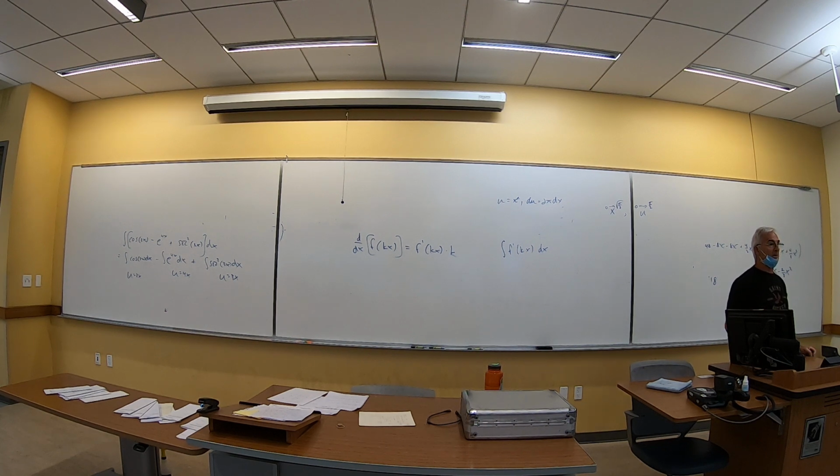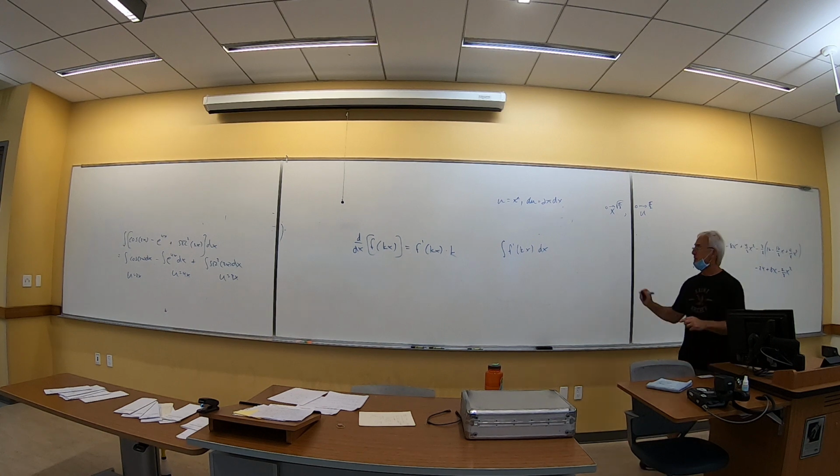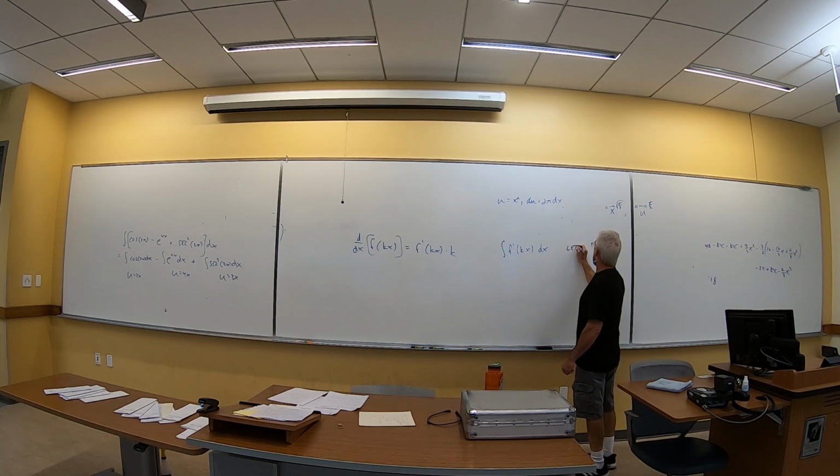So therefore, the antiderivative of f prime of scalar multiple of x is probably some version of f of kx. Do you agree? But it can't equal f of kx. I'd be ignoring the k, so we do u substitution. How about if I let u equal kx, then du is k dx.